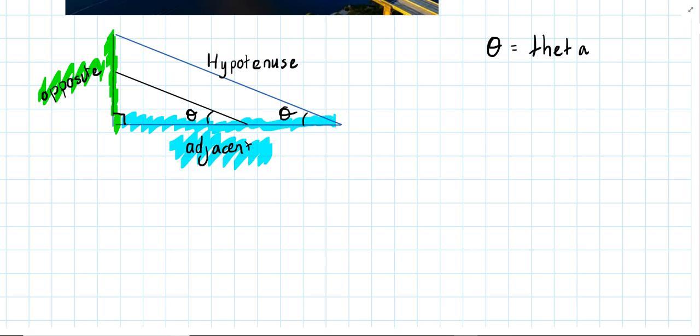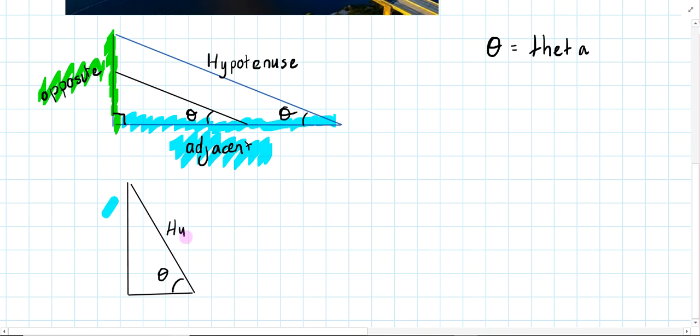Before I do, if I had a different triangle, let's say I've got a higher stanchion and I've actually got a bigger angle here. This side is still the hypotenuse, this side is still the adjacent, and this side is still the opposite.